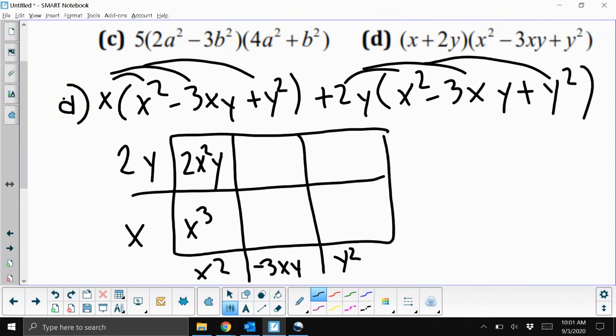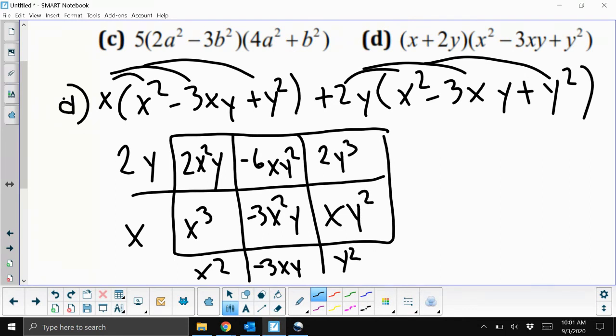Now we got x times negative 3xy would be negative 3x squared y. And then we have 2y and negative 3xy would give us negative 6xy squared. X times y squared would be xy squared. And then 2 times y squared would be 2y to the third.